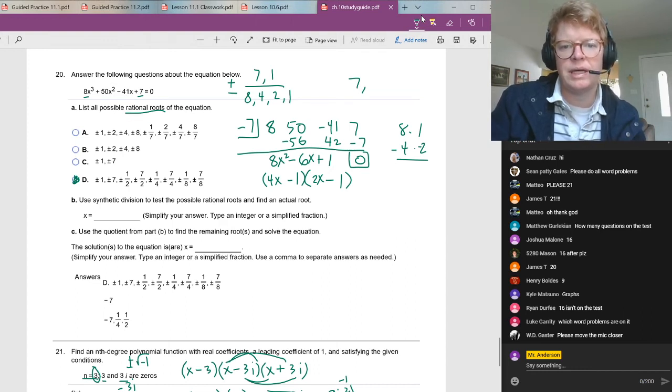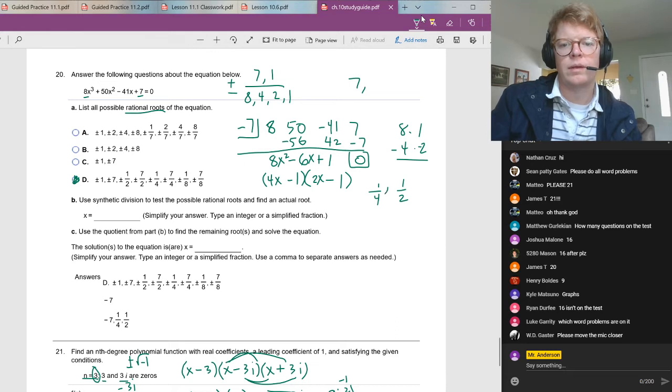When I multiply these together, it gives me positive 1. And when I do the foiling, negative 2 and negative 4 is negative 6x. So my other answers are going to be this one, 1 over 4, and this one, 1 over 2. Okay, so those are my answers.